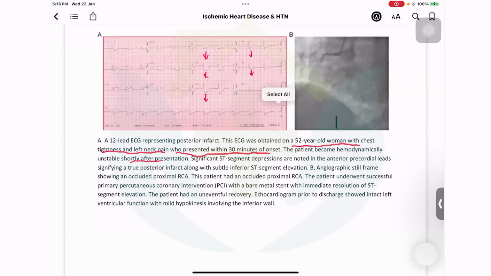Like you flip the ECG and see it from the reverse side, you will see it as ST elevation. So this significant ST depression that you note in the anterior precordial leads signifies a true posterior ST elevation infarct. So the patient was taken up for an angiogram, and you see the right coronary artery is abruptly occluded here.